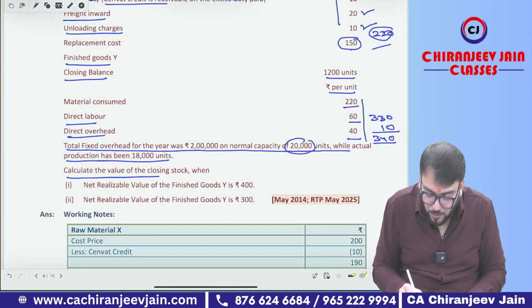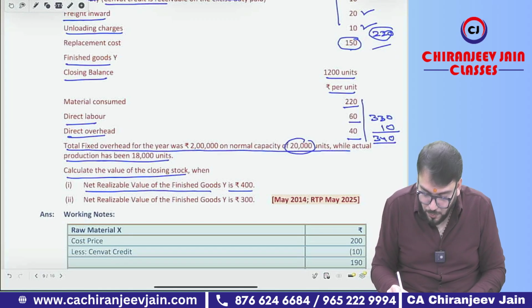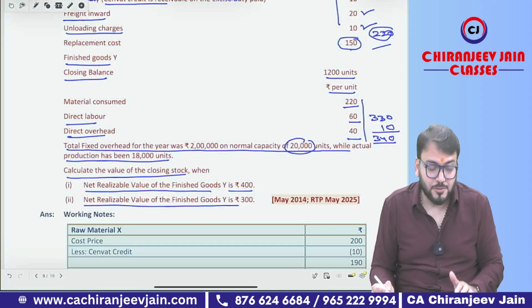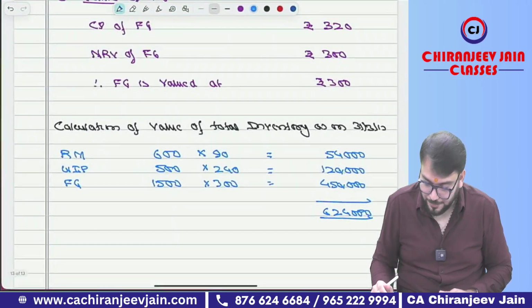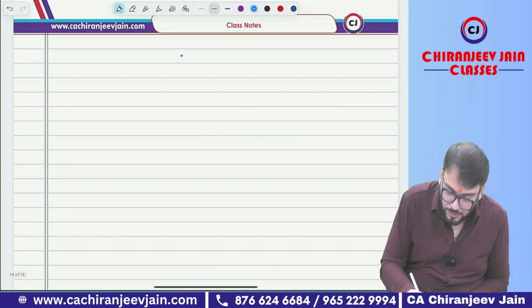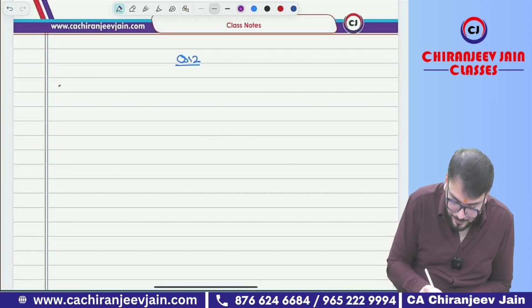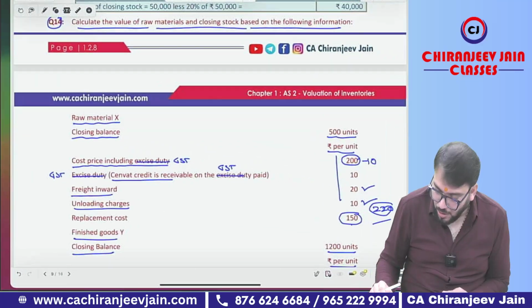Now calculate the value of closing stock when NRB of the finished goods is 400, and when NRB of the finished goods is 300. So they have given two cases. Let me answer it. So we are doing question number 12. Case 1. NRB of finished goods is equal to how much?